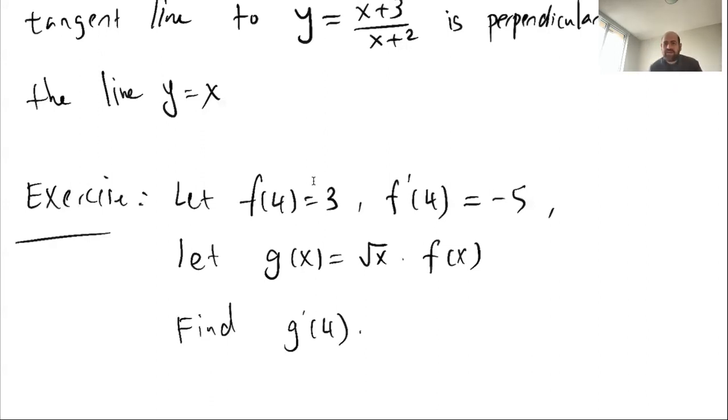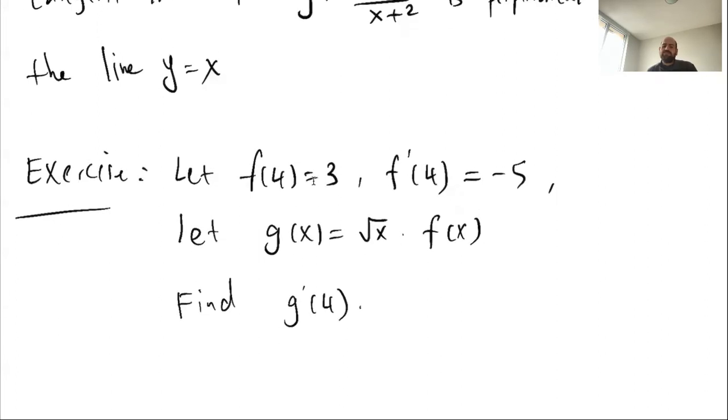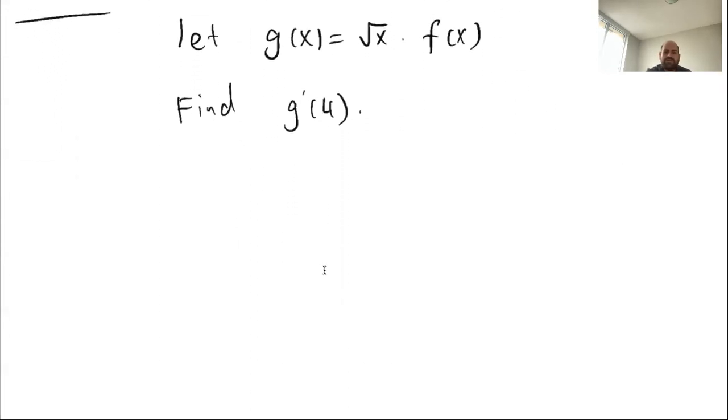After you find g prime of x, then replace x with 4, okay? Same thing we said about the second derivative. If you want to find g double prime of 4, for example, first find g double prime of x, then replace x with 4. All right, next example or exercise, basically.